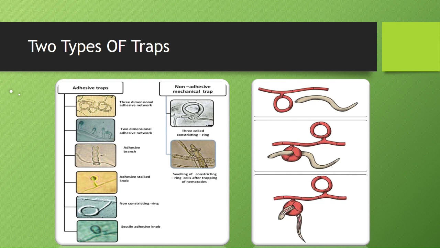Now how does this three-celled structure, the mechanical trap, capture the nematode, its prey? When the prey, like this nematode you can see here, enters this ring, immediately the ring cells swell up to three times their normal size, and the nematode gets trapped.